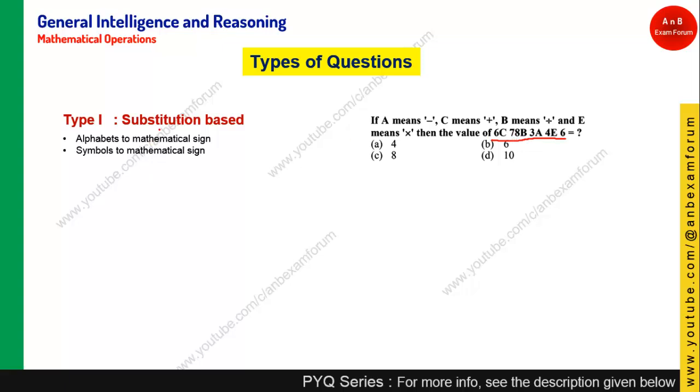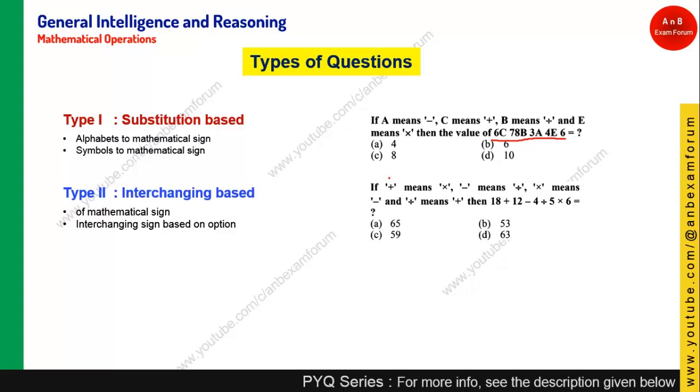That's why this category is named substitution based, where you need to substitute the meaning of alphabet and symbol with a mathematical sign. Afterwards you evaluate the expression and give the answer.